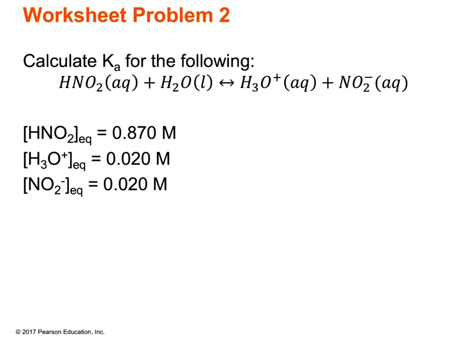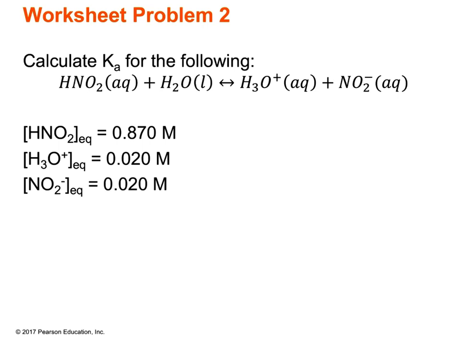Okay, so let's work on worksheet problem 2. The worksheet can be found on Canvas. Let's calculate the acid ionization constant for the following reaction. Just as a quick review, let's identify what is our Bronsted-Lowry acid, what is our Bronsted-Lowry base, and then what is the conjugate acid and conjugate base.